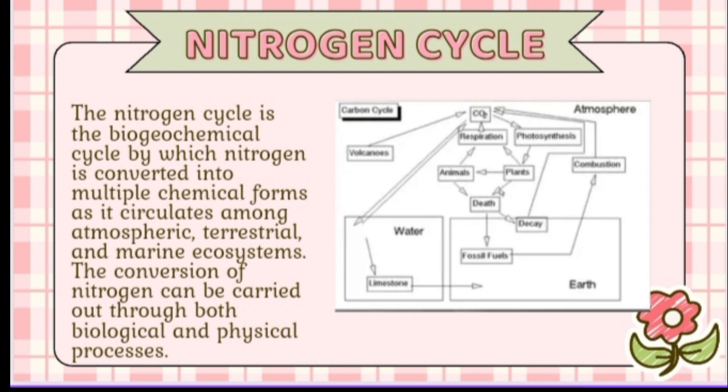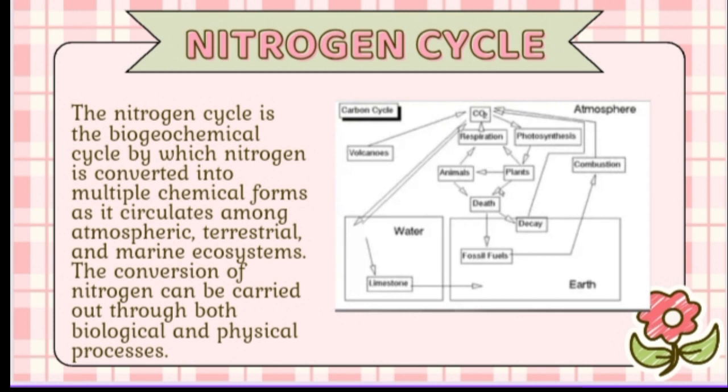The nitrogen cycle is the biochemical cycle by which nitrogen is converted into multiple chemical forms that circulate among atmospheric, terrestrial, and marine ecosystems. The conversion of nitrogen can be carried out through both biological and physical processes.